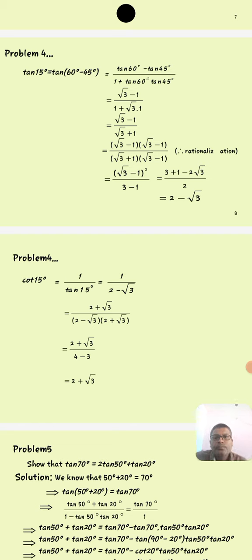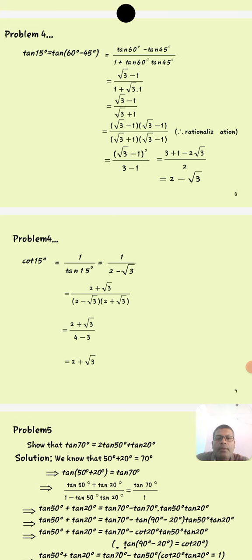And also we can write cot 15 degrees as cos 15 by sin 15. What is the cos 15? Root 3 plus 1 by 2 root 2. And sin 15 is root 3 minus 1 by 2 root 2. And again we can do the rationalization, we get the same result. The value of cot 15 is equal to 2 plus root 3.